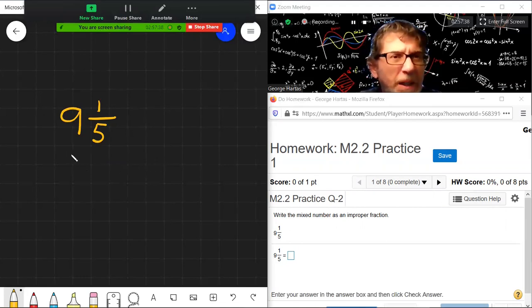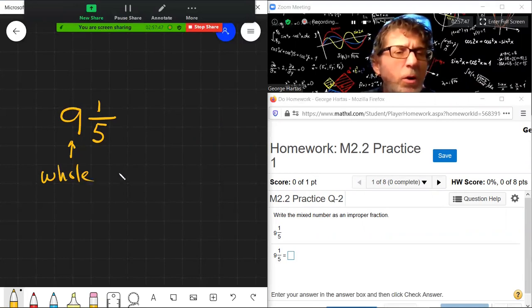Now, this part of the number is the whole number, right? It's the whole number part, this 9. Because when I'm looking at just the 9, it's a whole number. In other words, there's nothing else attached to it, even though we know it's 9 and 1/5. But for right now, let's just focus on the 9.